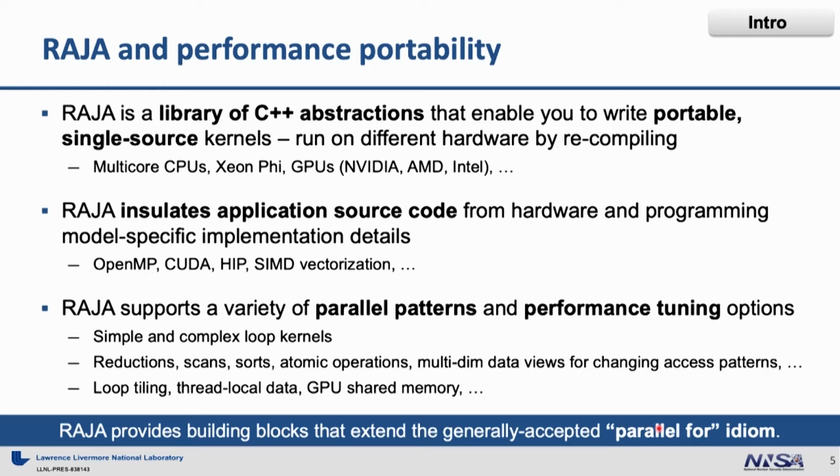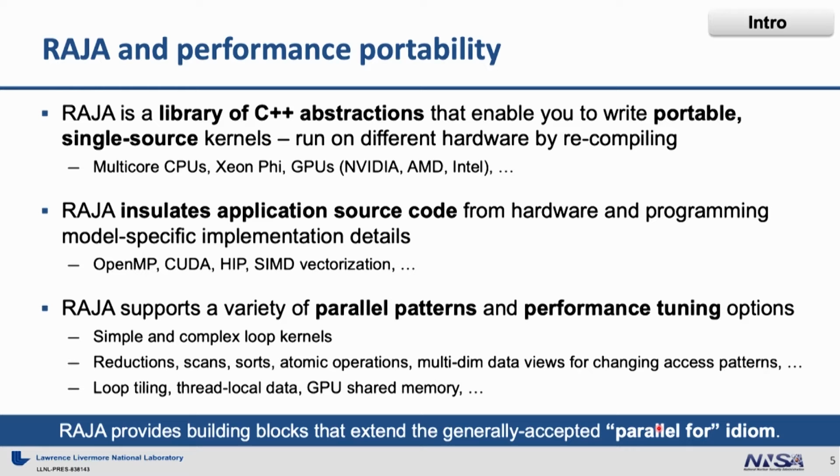In doing so, we're trying to insulate your application from the hardware specifics of programming on GPUs and whatnot. To do that, Raja provides all sorts of parallelization techniques and performance tuning options.